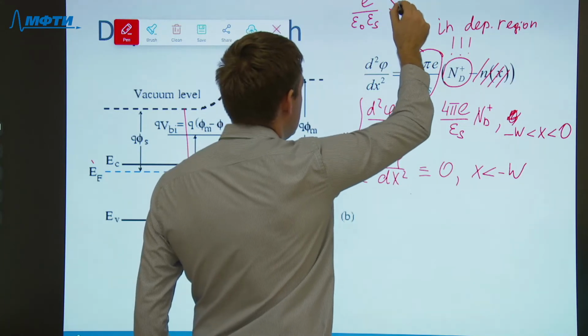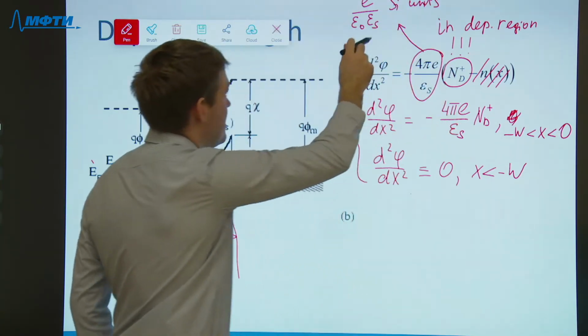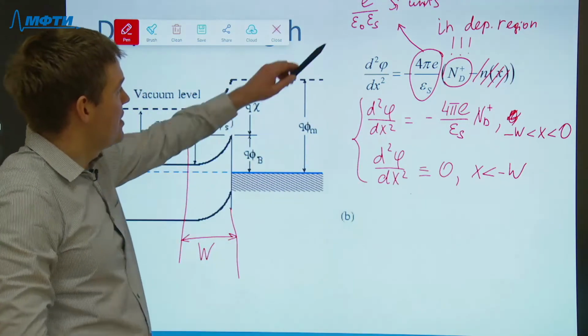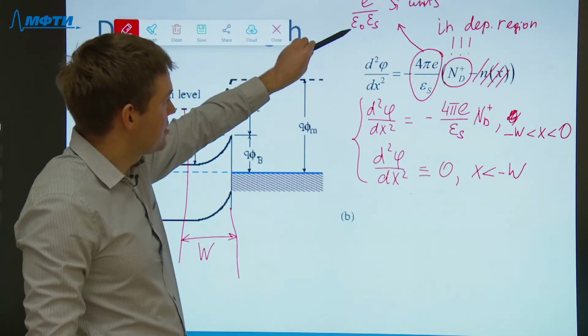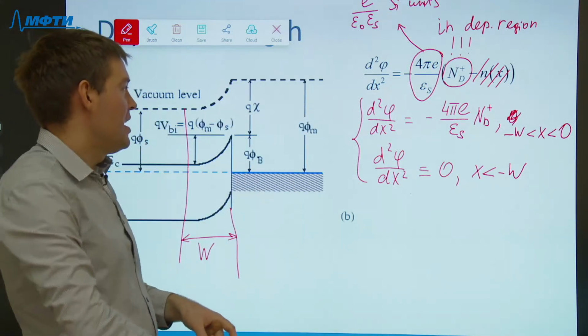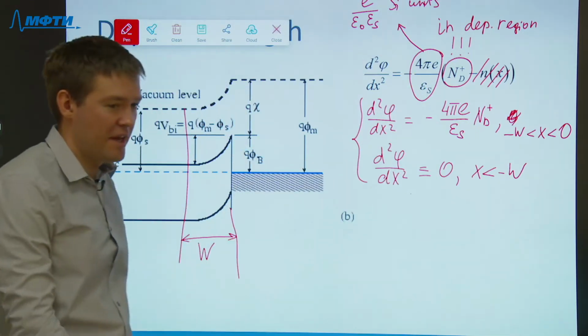So in SI units it looks like elementary charge divided by dielectric constant of semiconductor epsilon s and dielectric constant of vacuum epsilon 0, and in Gaussian units it is 4 pi e divided by epsilon s.